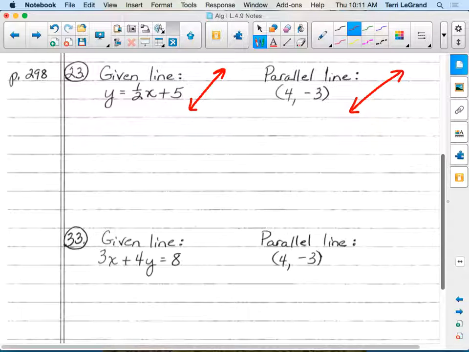So would you look on your graph and tell me, is ordered pair 4, -3, like kind of just eyeball this, and would it be above or below this line? On your graphing calculator, would you look? Ordered pair 4, -3. Would it be above or below? Below. So it's somewhere out here, okay?